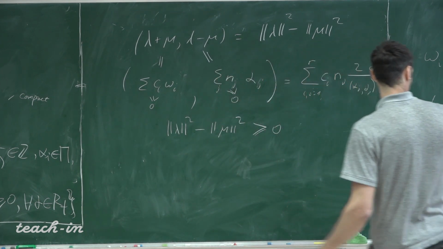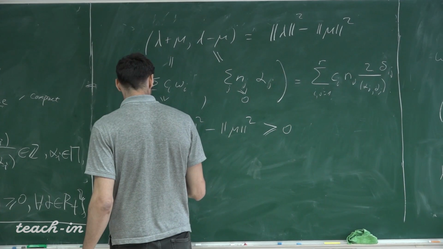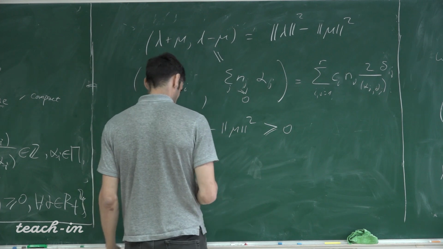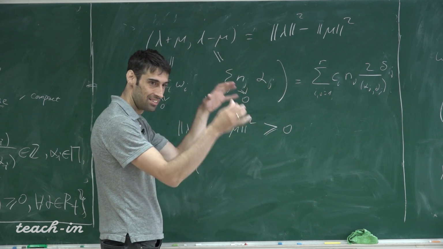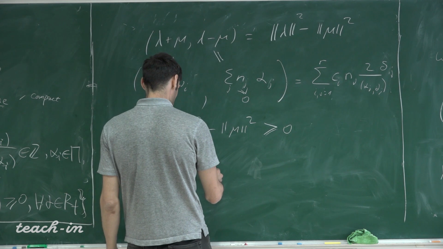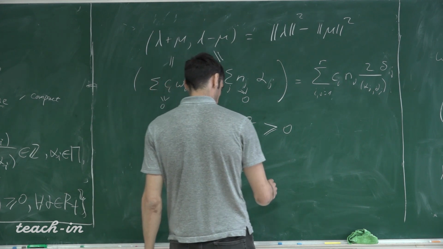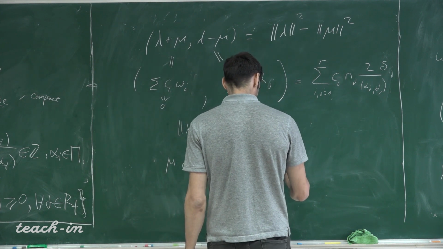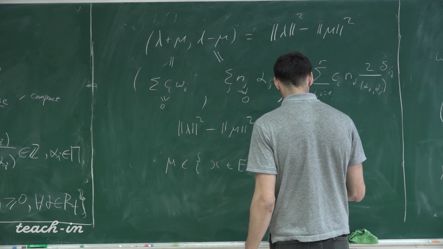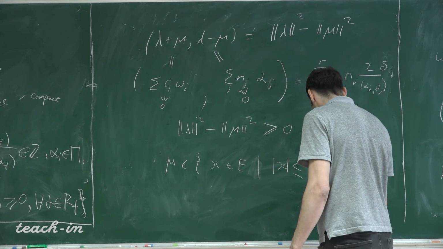So therefore, if I choose mu like this, then mu belongs to the sphere, the compact set that you wanted to find. These are all x in E such that the length of x is less than or equal to the length of lambda. So this is our compact set.